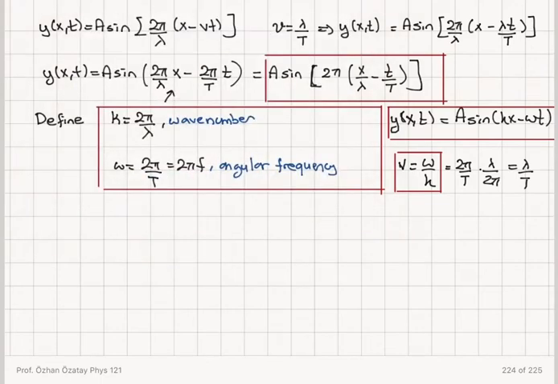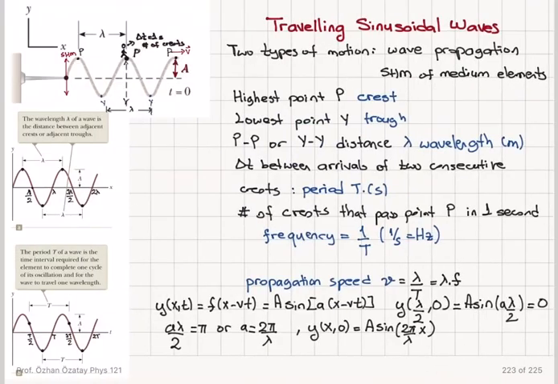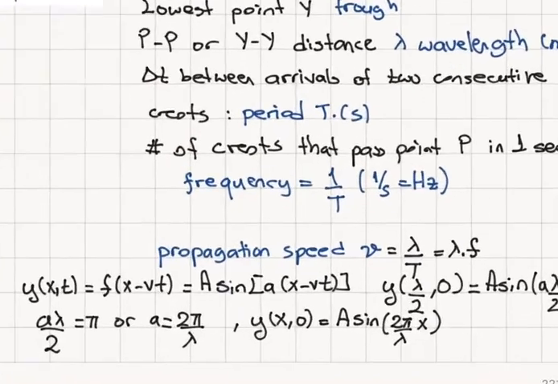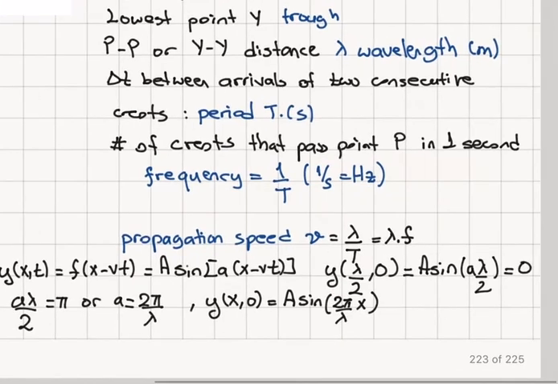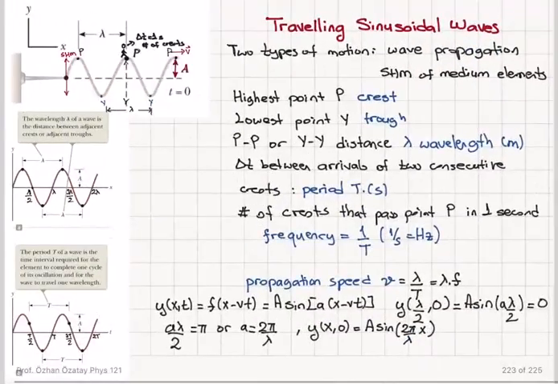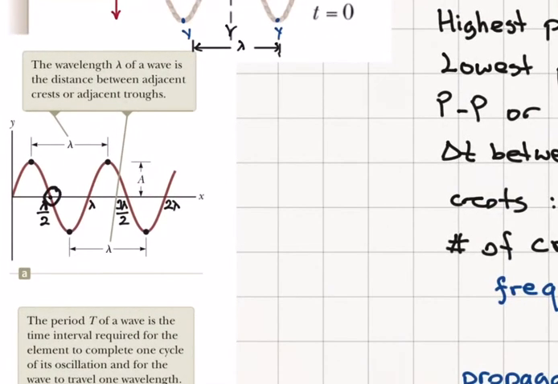So there's one more task we need to consider. We started out this discussion by saying I would like to have y of lambda over 2, 0 to be 0. So basically I had an initial condition here. I asked for this condition at lambda over 2.